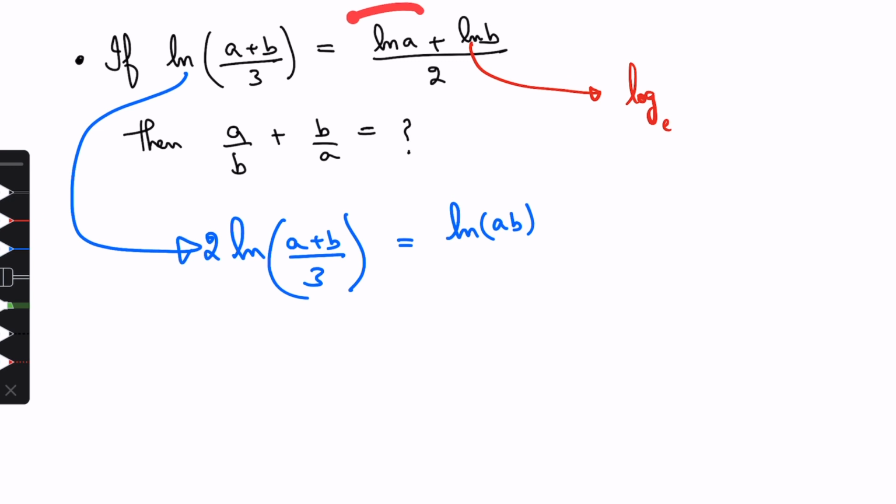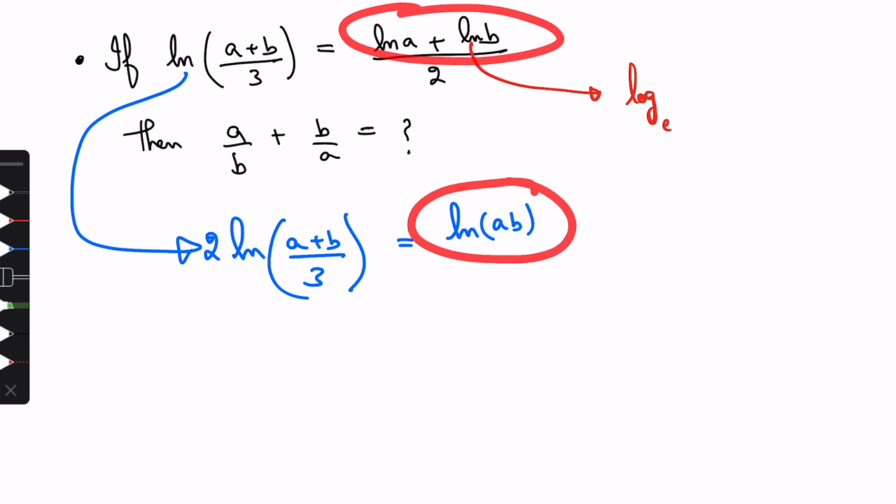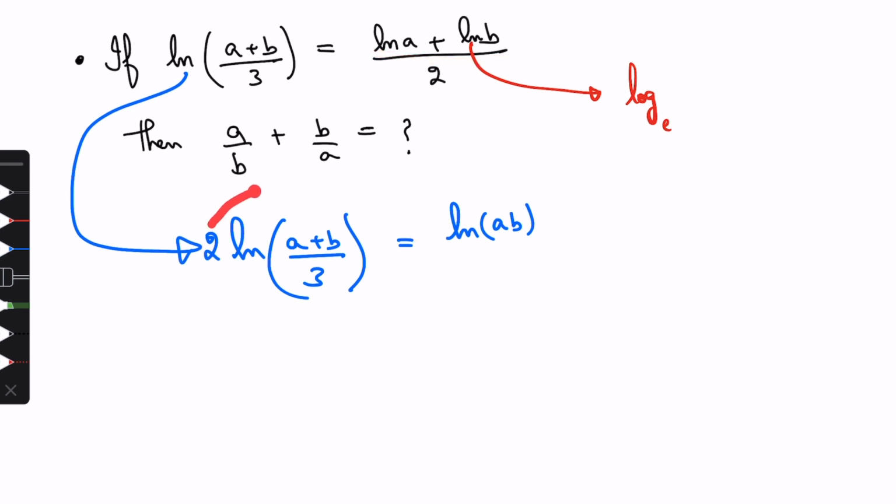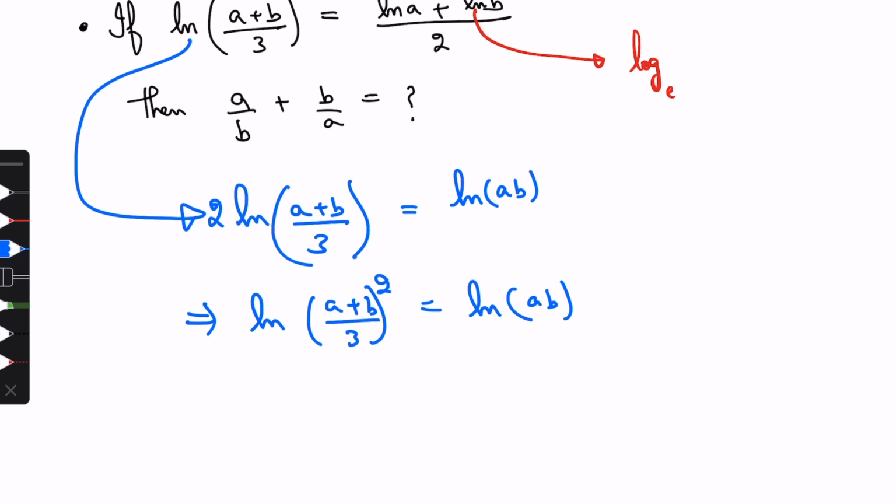So we have applied the product rule here, and then we also know that this 2 can go here because we have the power rule. So thereby ln of ((a plus b) over 3) whole square should be equal to ln ab. Now, since we have isolated the logarithms, we want to remove them. How to do that?